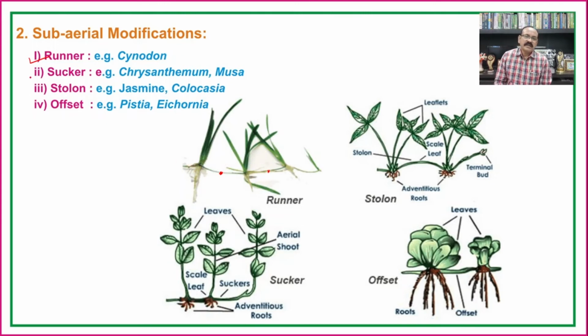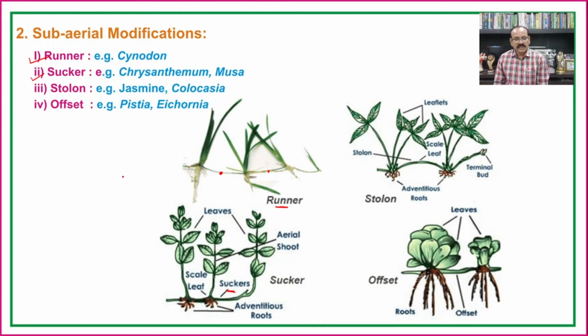The second one is a sucker, and it arises from the basal underground part of the main stem. So this is the difference between the runner and the sucker. Runner grows on the surface of the soil, while in case of the sucker, they are present inside the ground.